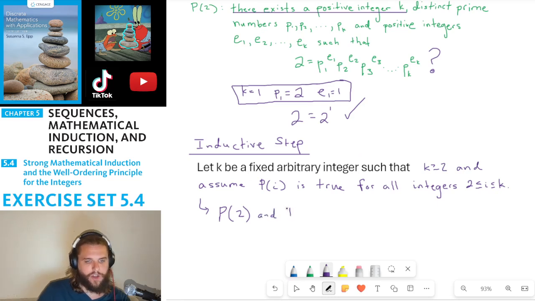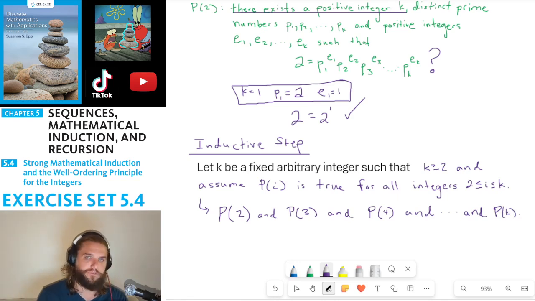And we can also factor the number 3, and we can factor the number 4 using a product of prime numbers only, and so forth, all the way up to p of k. Even the integer k, which could be 10 million, even that integer can be factored as a product of prime numbers. That means that all of these numbers can be factored into factors of prime numbers.